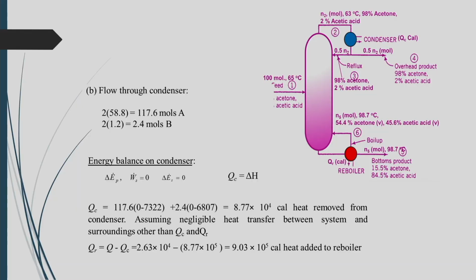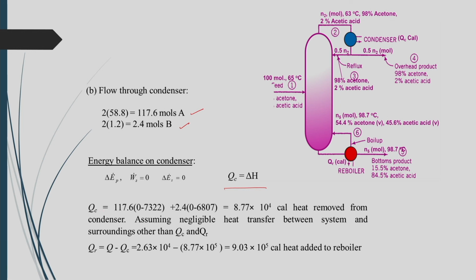That also you calculate by material balance: what will be the amount of moles of acetone flowing through that condenser, and also what will be the moles of acetic acid flowing through the condenser. So, accordingly, you can do again the energy balance for that condenser.